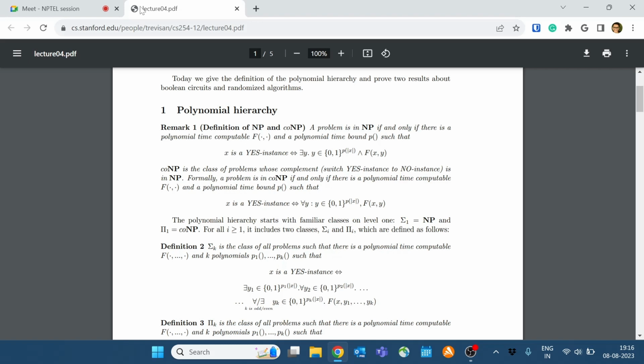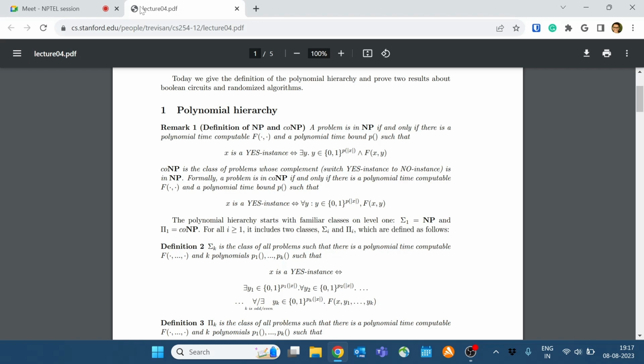What this comma here is, should we consider this as an "and" or what? Even though they have simply given a comma here. So let us consider "and" here, and if we take its negation, then it will become: there exists y not an element of this set, or f of x, y is equal to 0.